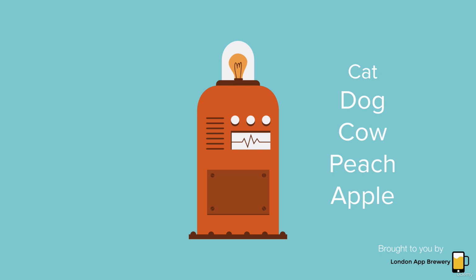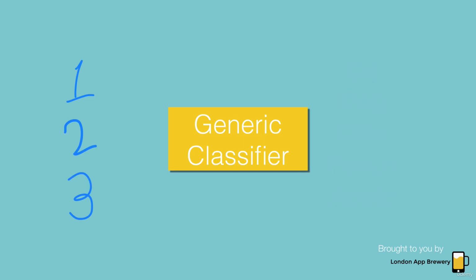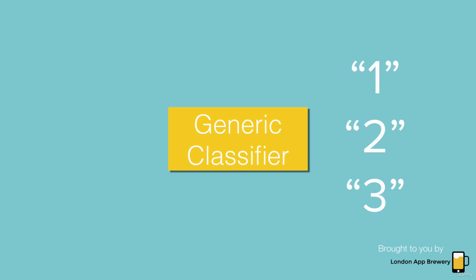And the nice thing about a lot of these machine learning models is that they're reusable. So you could probably create a generic classifier that looks at handwritten numbers and is able to figure out what those numbers are. So turning it from an image to an integer, for example.